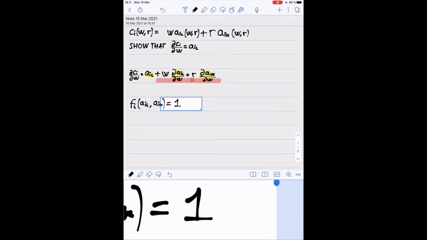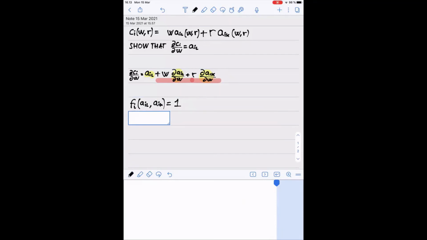a_iL is the number of units of labor you need to produce 1 unit of output. a_iK is the number of units of capital you need to produce 1 unit of output. So when you combine these two unit requirements, you get that the total production is 1. So let's take the derivative with respect to the wage of the production function evaluated at the unit factor requirements. So what do we get?